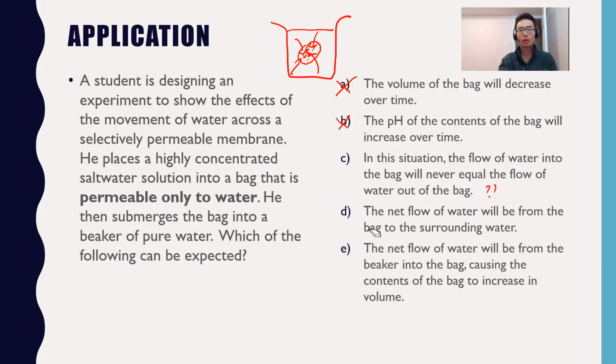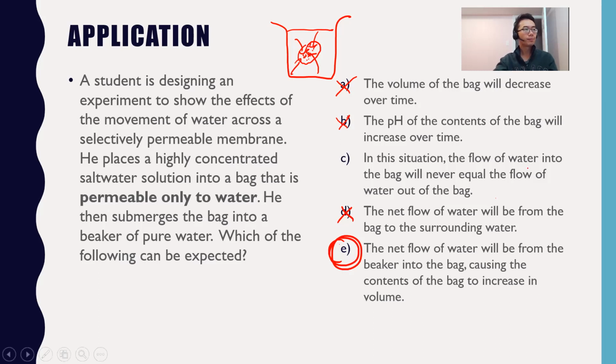Let's move on and see if there are other examples. The net flow of water will be from the bag to the surrounding water? That's not true. It's the other way around. And the net flow of water will be from the beaker into the bag, causing the contents of the bag to increase, right? So E is the best answer. Okay, E is the best answer.